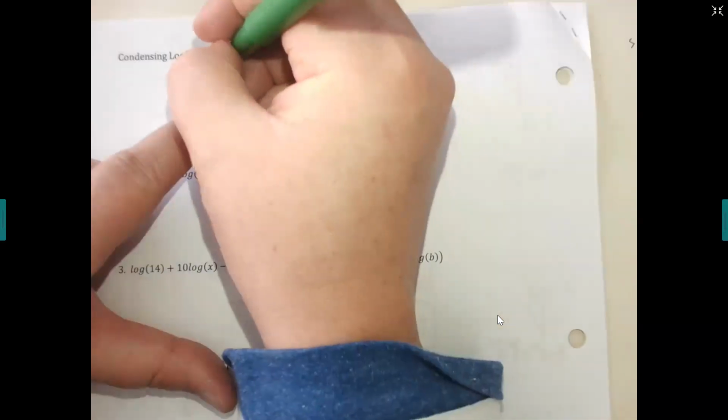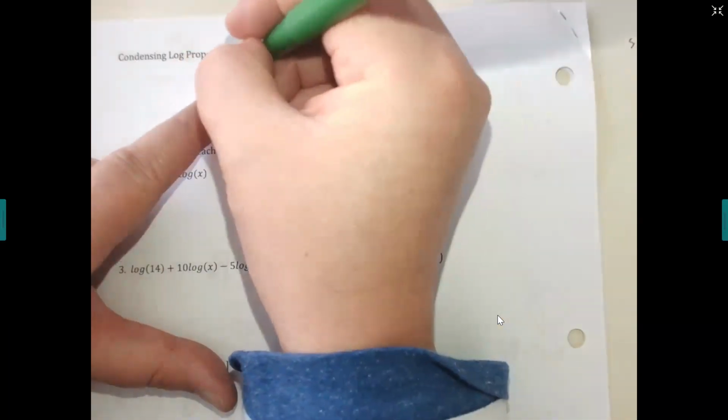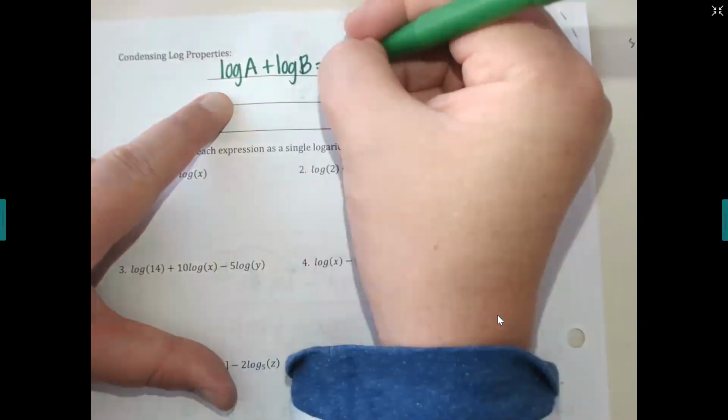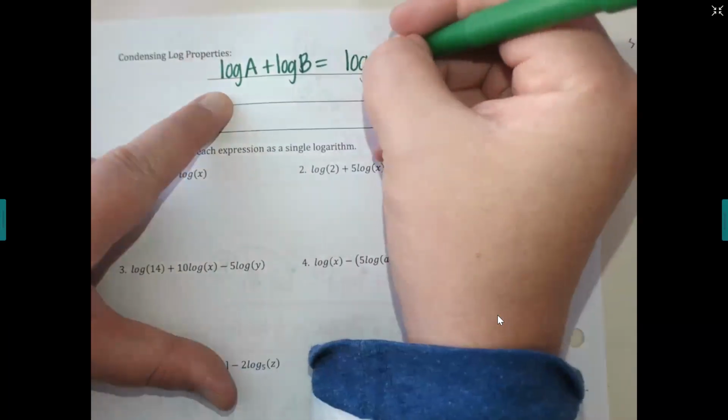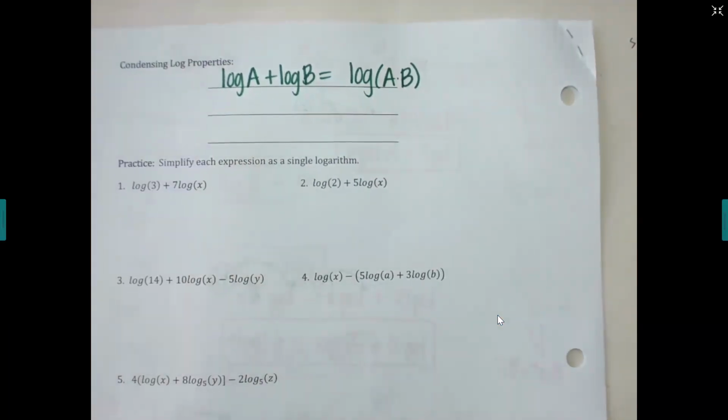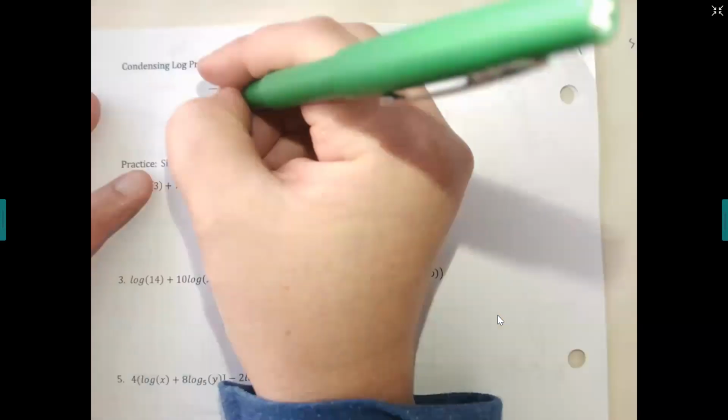Okay, if you have 2 logs that are added, how would you put them back together? You would multiply. So you would put them into the same log, but do A times B. Okay, what if A and B originally were in logs that were subtracted?